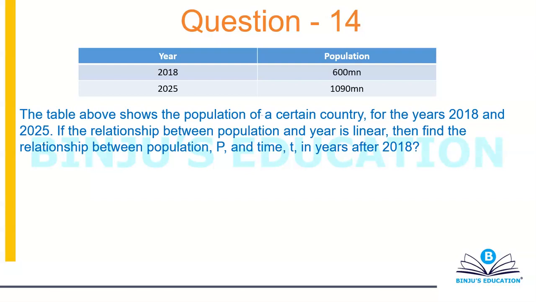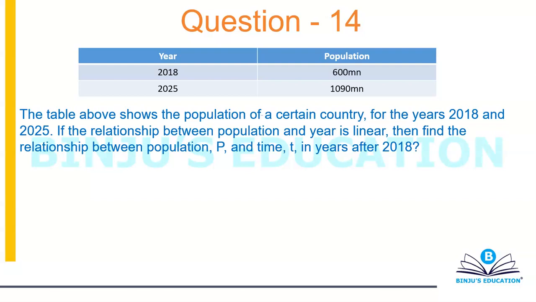It also says that the relationship between population and time, which is in years, is a linear relationship. Now, you need to understand that whenever you have a linear relationship, you get a straight line, or you're going to have a linear equation.